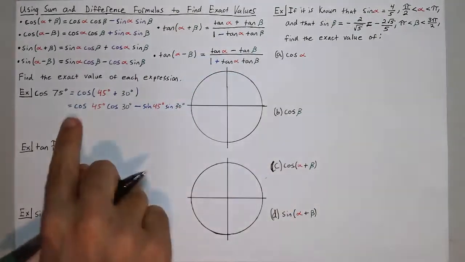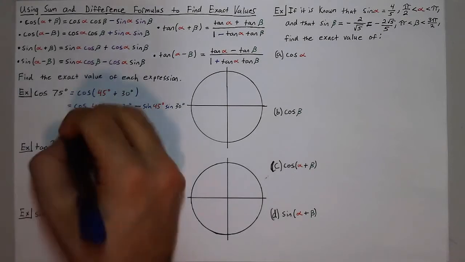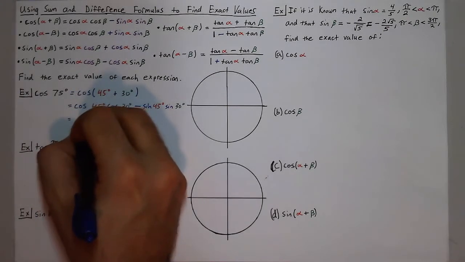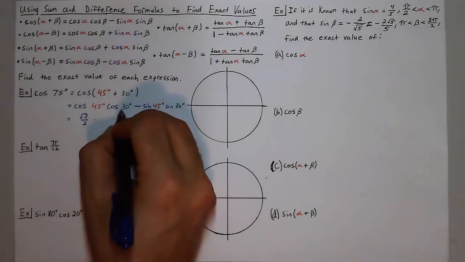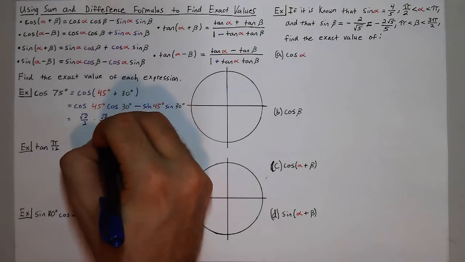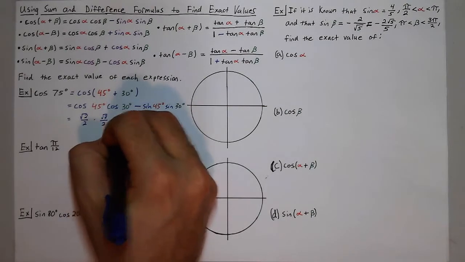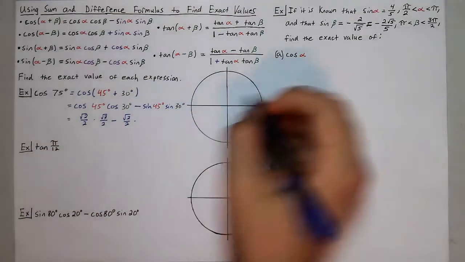And now I can evaluate each of these angles using those unit circle values. So that gives me square root of 2 over 2 times cosine of 30 degrees, which is more out, so square root of 3 over 2, minus square root of 2 over 2 times sine of 30, which is only a half.